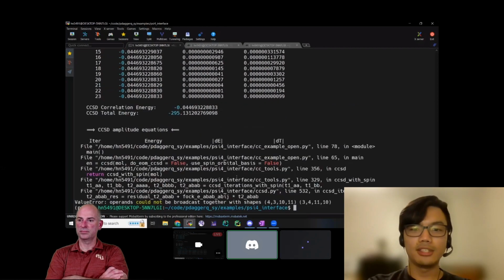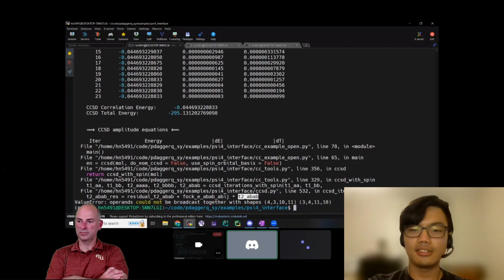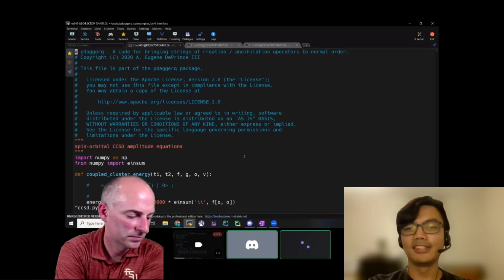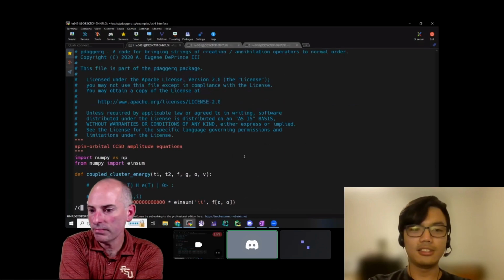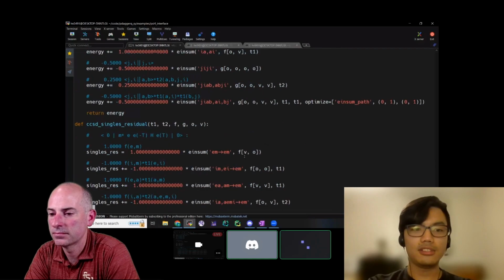But now, as you can see, there's a little bit of an issue with the CCSD iteration with spin. And the reason for that is very simple to fix. So let's open the CCSD file. I think it's here. Just in case you're running this example on your own, trying to run this as an open shell, and then suddenly you get that weird error, the reason is the residual CCSD doubles.